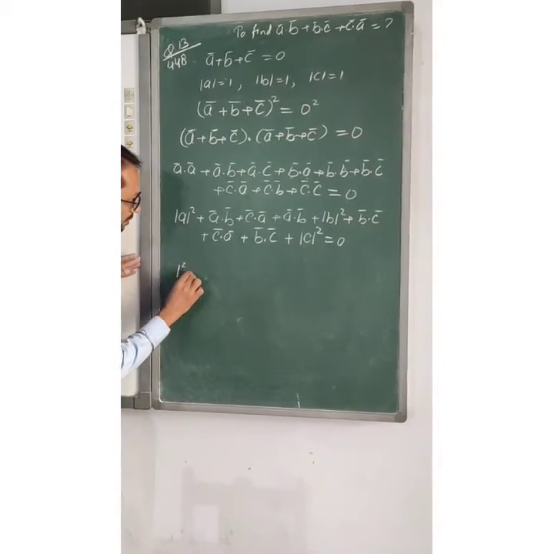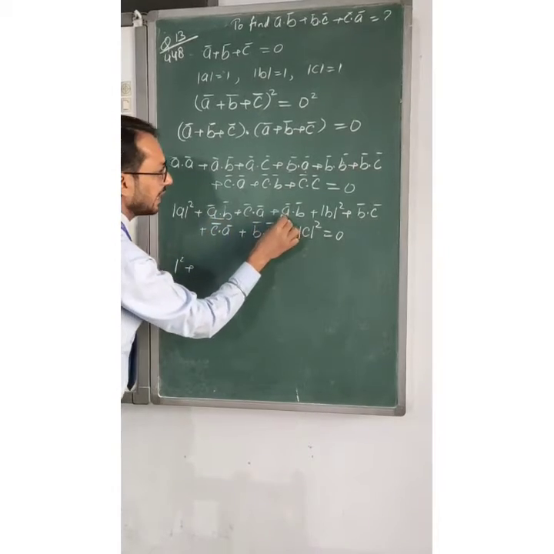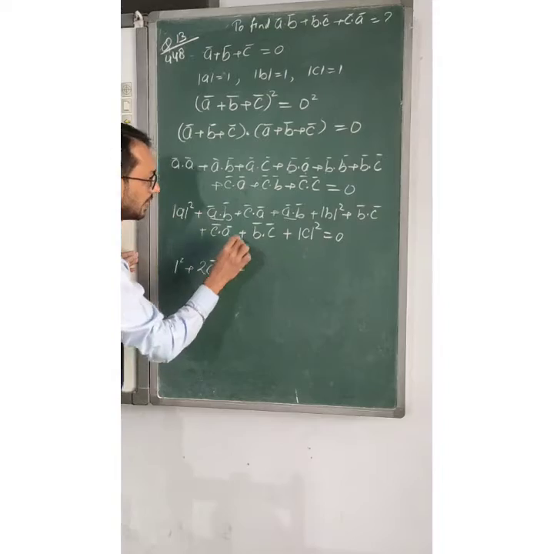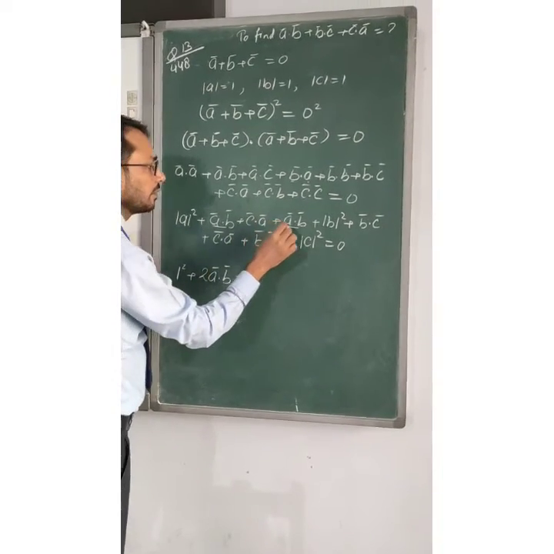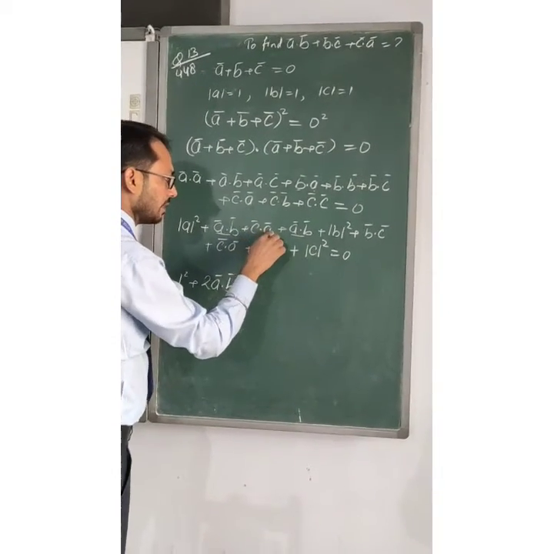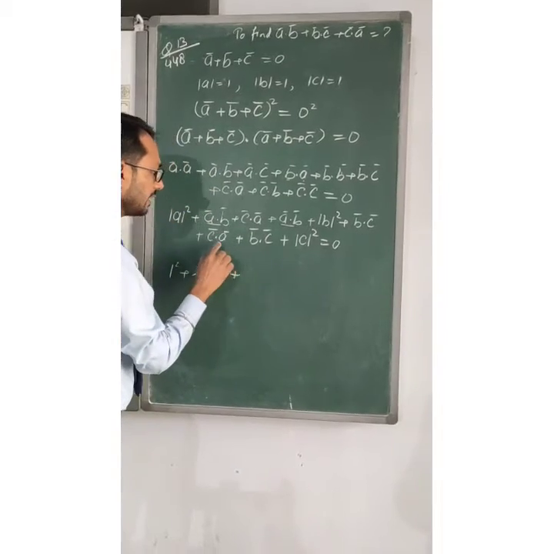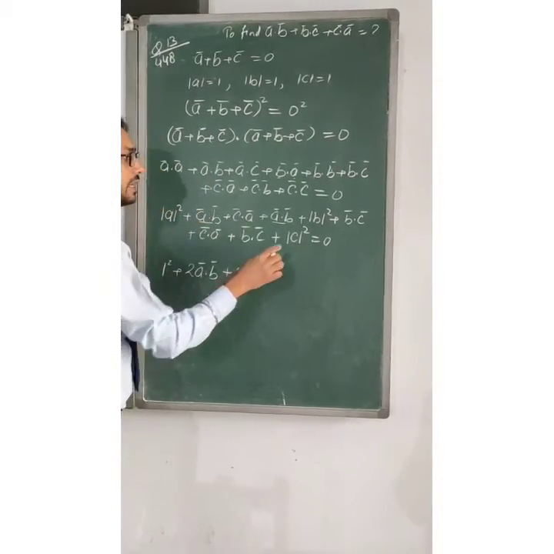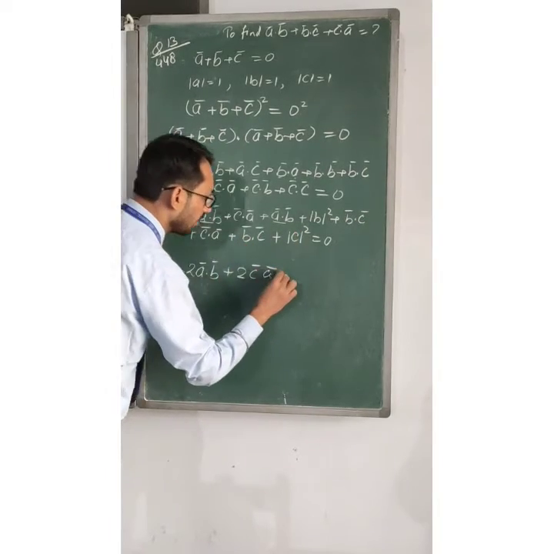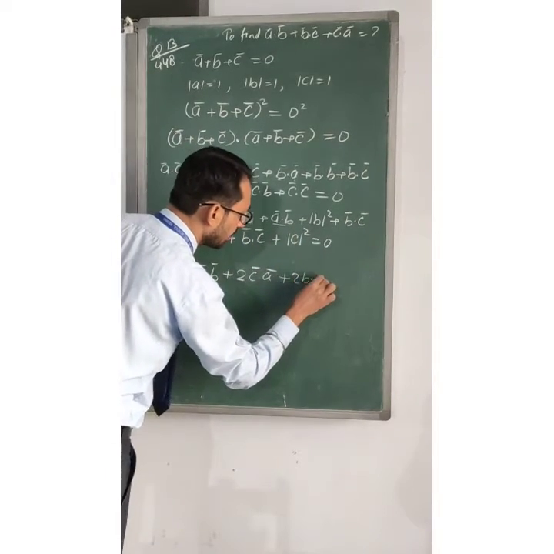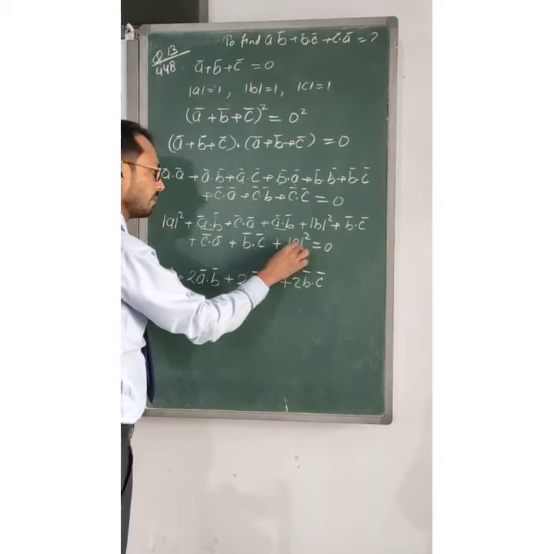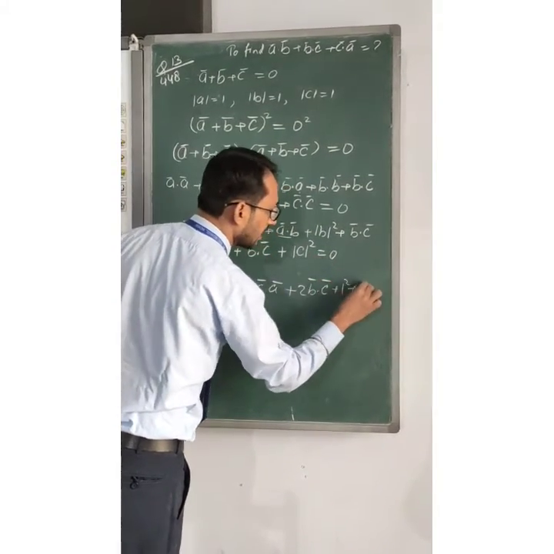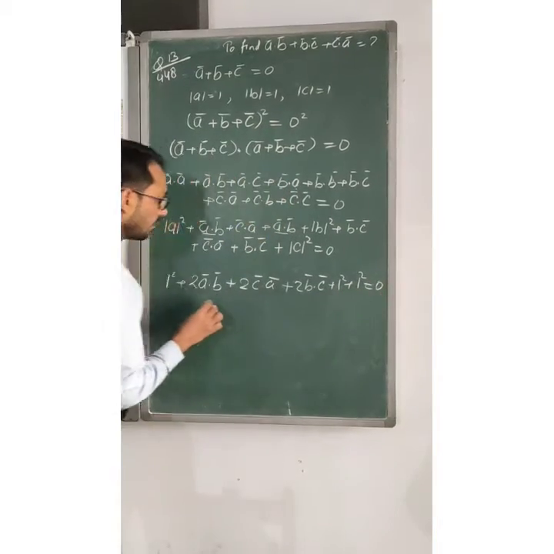So 1 square plus A dot B, again A dot B, 2 times A dot B, plus C dot A, again C dot A, 2 times C dot A, plus B dot C, again B dot C, 2 times B dot C. Mod B square I have missed, so this will be 1 square, mod C square, again 1 square equals 0.